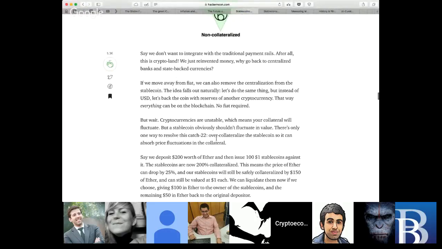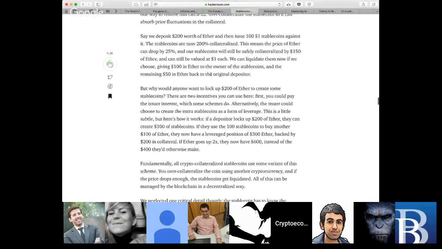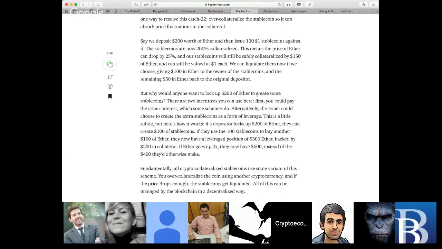So the general idea they are mentioning here is that you over-collateralize. So you say, if you bring 100 Ether, you will only be able to withdraw 25 stable coins. So that if there is a huge fluctuation in the price of ETH, then that volatility can be absorbed because you over-collateralized your stable coin, right?